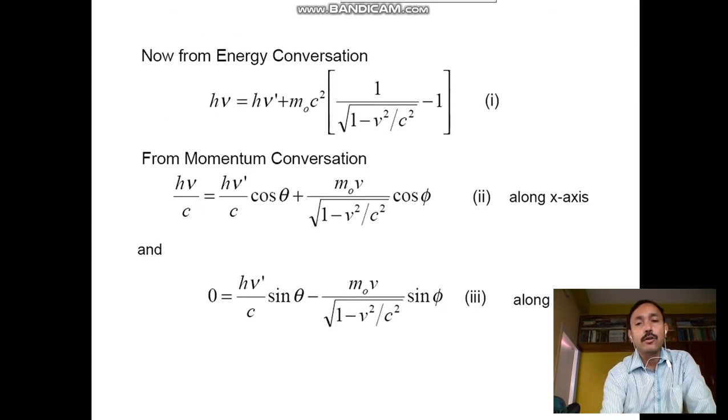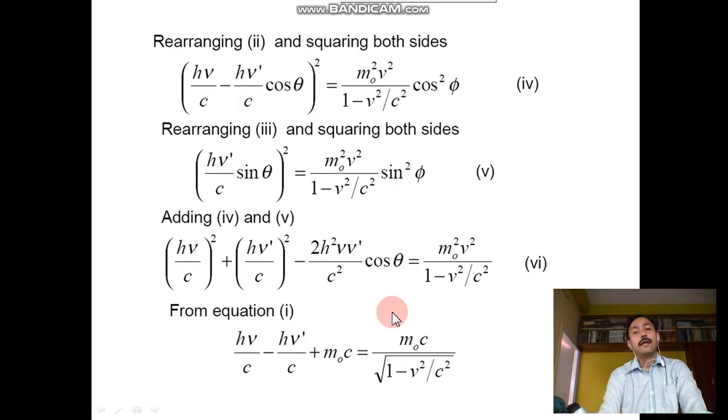Now rearranging equation 3, and squaring also, (h nu dash by c sin theta) whole square is equal to m naught square v square by (1 minus v square by c square) sin square phi.